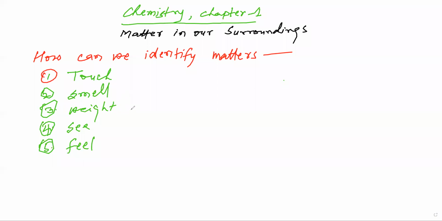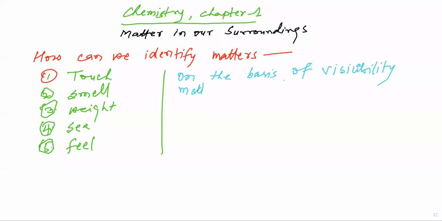On the basis of visibility, matter is of two types. The first one is visible matter.